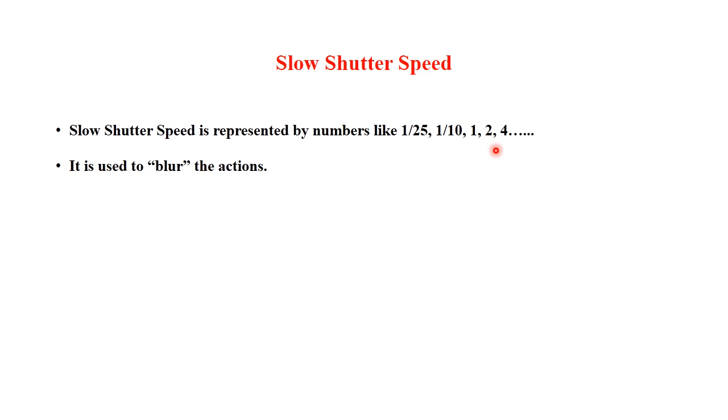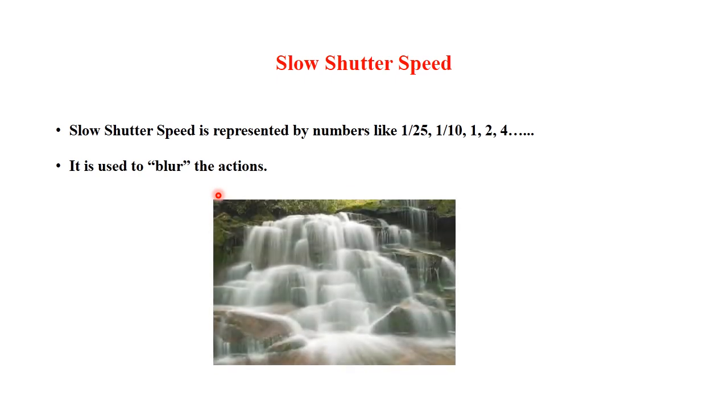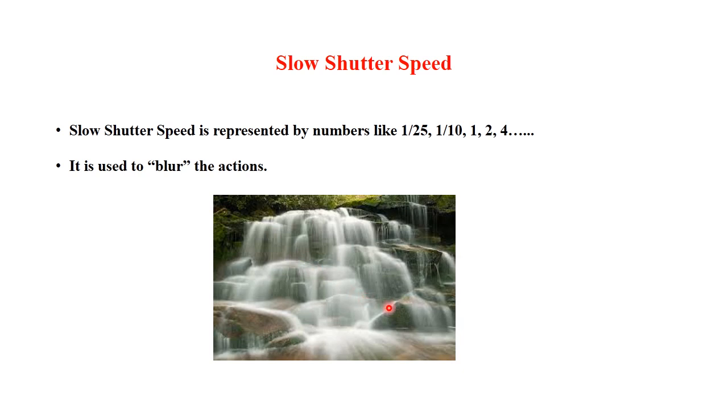And remember that the slow shutter speed is used for blurring the actions. To blur the actions, slow shutter speed is used, and remember that it is used intentionally by the photographers in the movies, in the documentaries, in the dramas, etc. Right? So what is the example? Look at the picture.